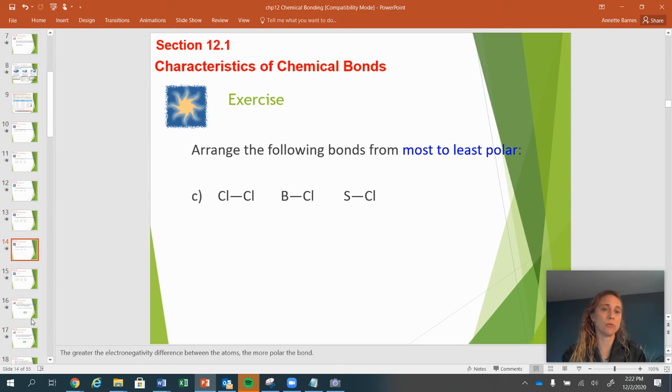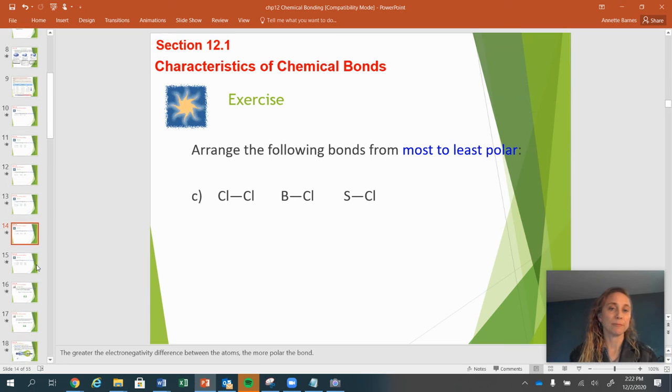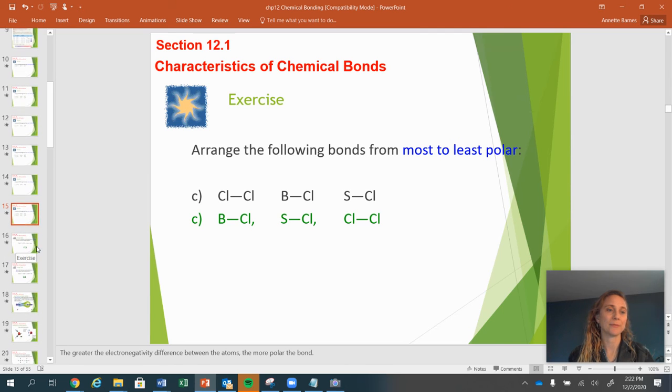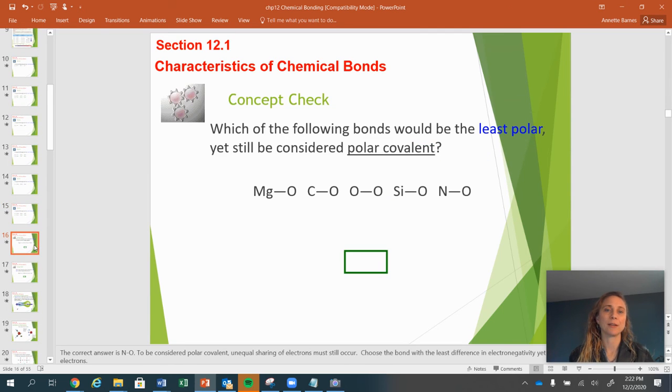Okay, so you could do that on your own. If you want to arrange the following bonds from most polar to least polar, you can pause the video and look those up. How'd you do? Which of the following bonds would be considered the least polar, but still considered polar covalent?